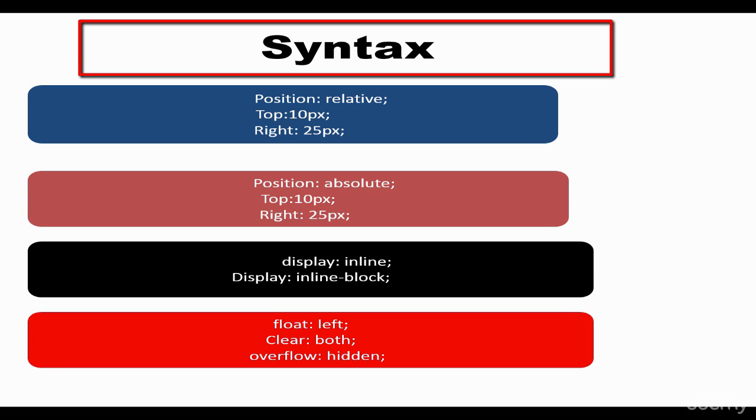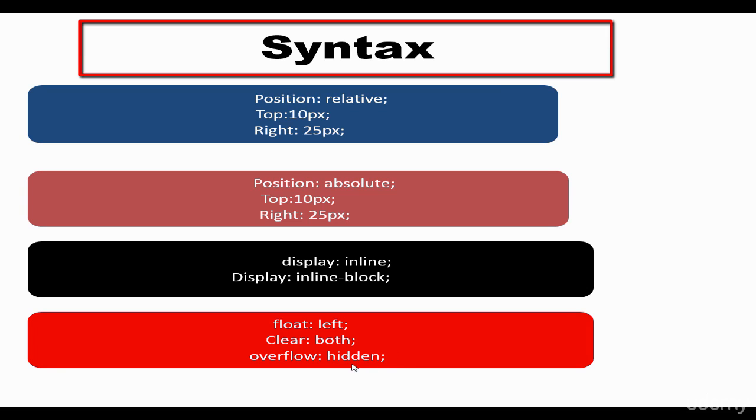Another property you can use is overflow. The overflow property is used to hide content that has overflown its container, like this red box we've got here. If we've got an image that spills out of this red box, we can use overflow with a hidden value to clip the image and hide whatever is left, so you don't see any overflow outside the box.